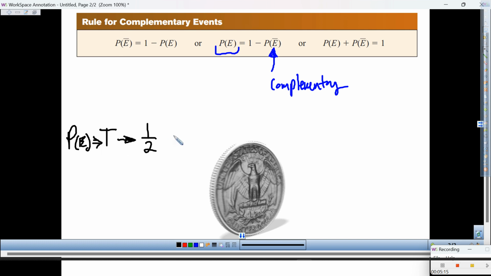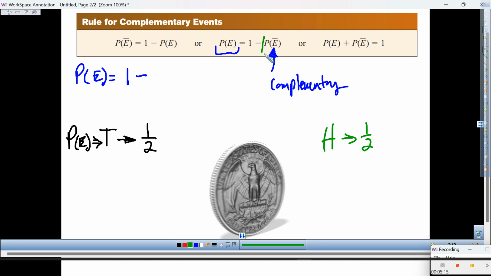Okay. So if we use that formula to find the complementary, let's see. I'm going to use P of E equals 1 minus, what would be the probability of getting heads, everyone? What was it? 1 out of 2 as well.